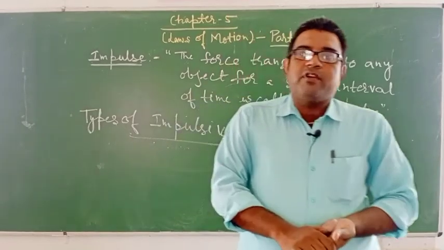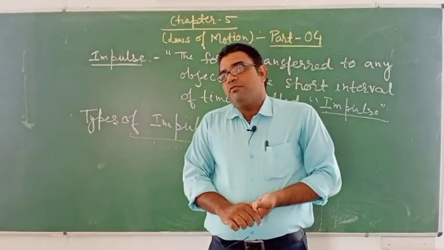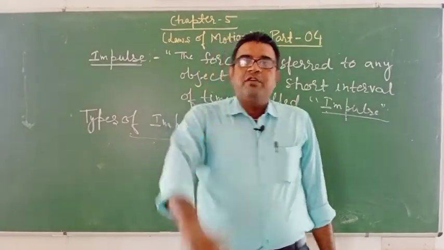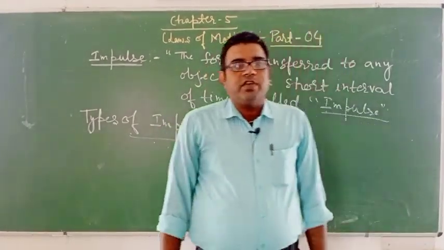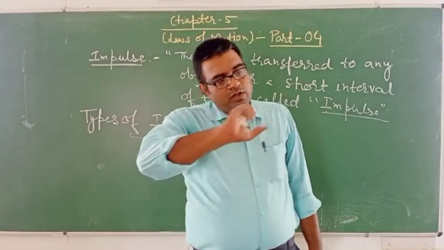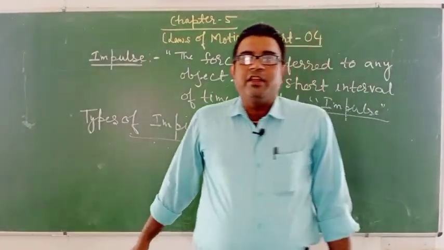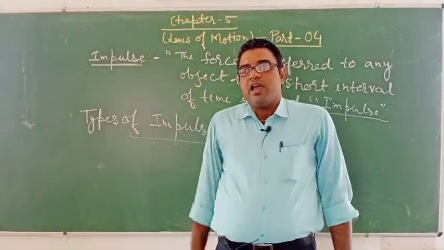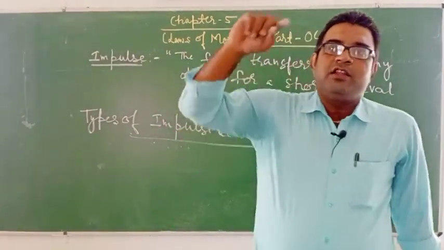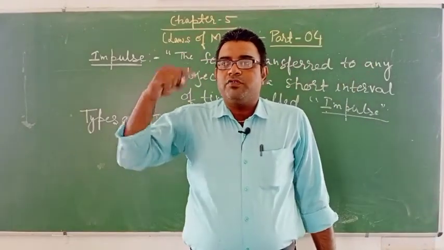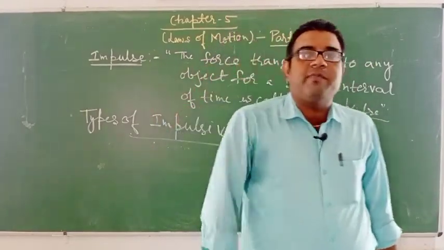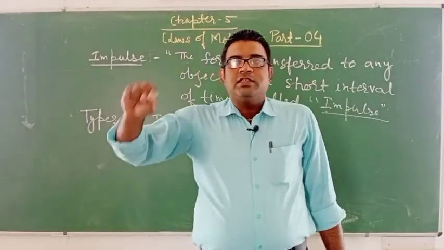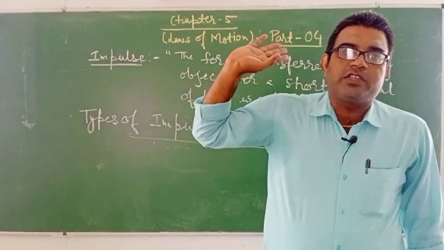For that I want to say to you students, first, if the force is constant, meaning if you are applying a force of 5 Newton on an object, then throughout the time interval delta t, that force will be 5 Newton. That is called a constant force, and the impulse, or the force transferred to the body for that time interval delta t due to that constant force of 5 Newton, is the impulse due to a constant force.